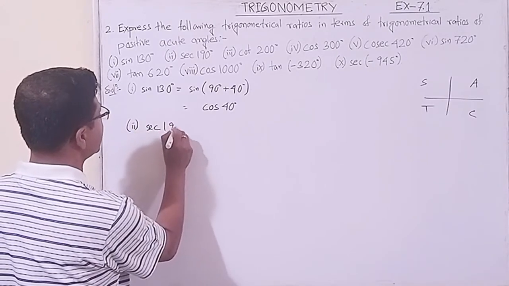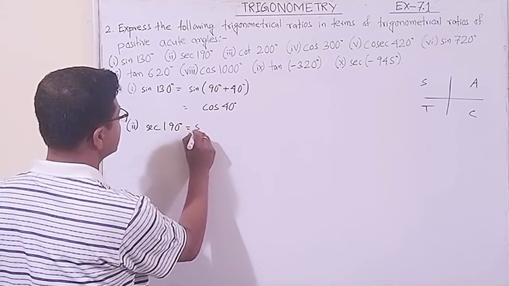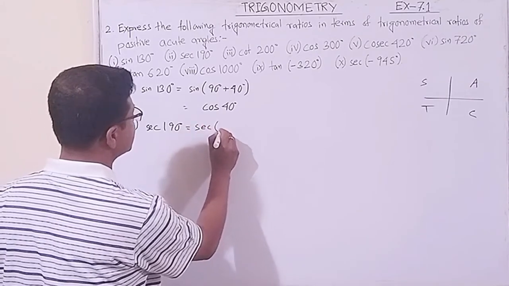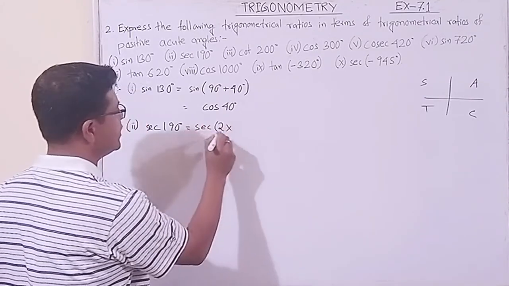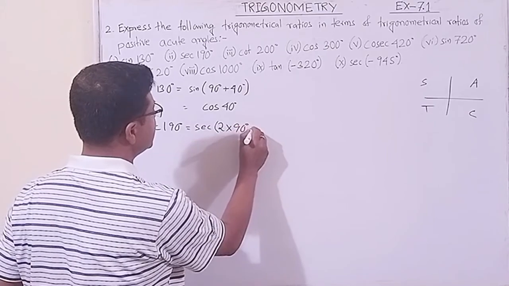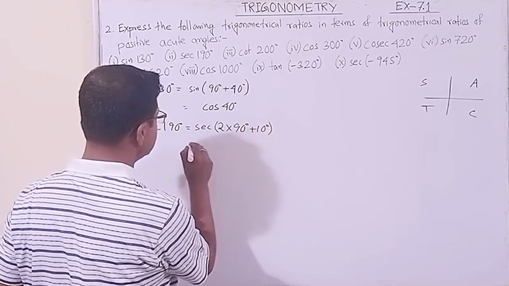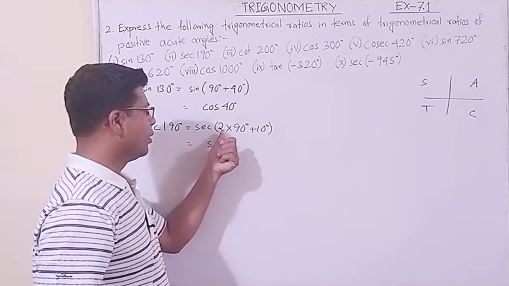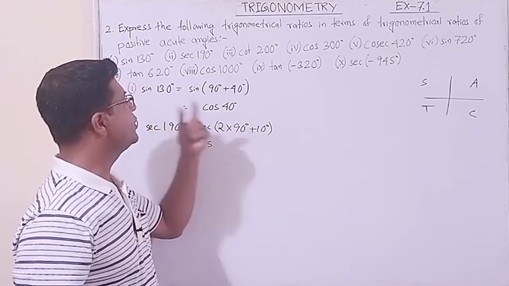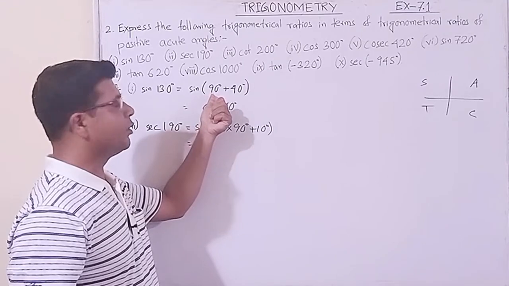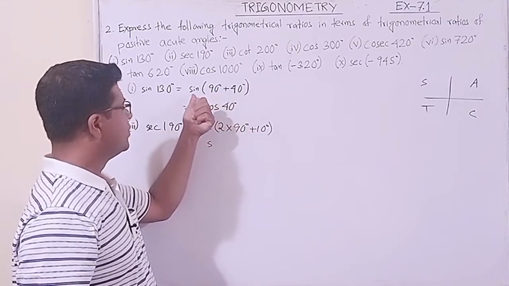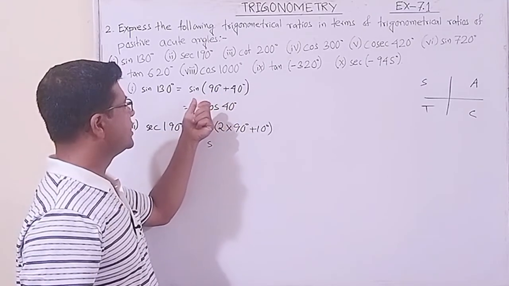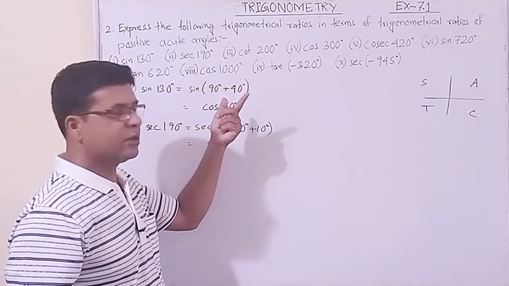Sec of 190 degrees. So sec, how can we express it? 190 can be written as 2 into 90, 180, plus 10 degrees. Got it? So this is obviously an even multiple of 90 degrees. We know that if it is an odd multiple of 90 degrees, whatever the trigonometric ratio, it is converted into the complementary one.